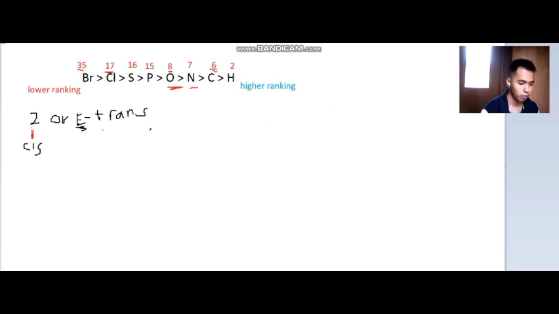Okay, next we are presented with our problem letter B, which has the structure of C double bond with another C, and the second carbon has a C2CH.